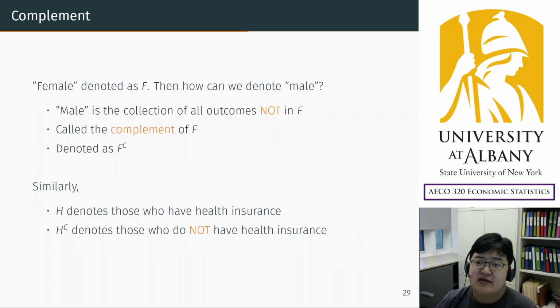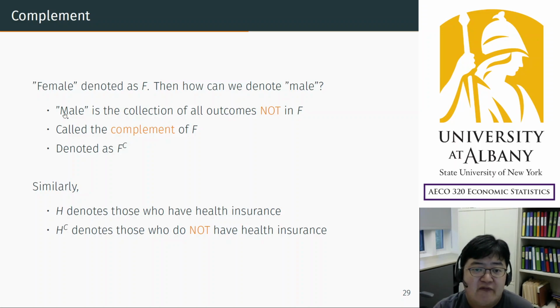First thing is not. We defined female as F. That is our basis event. And then how can we denote male? Simply, you can denote male as the negation of female, the opposite of female.